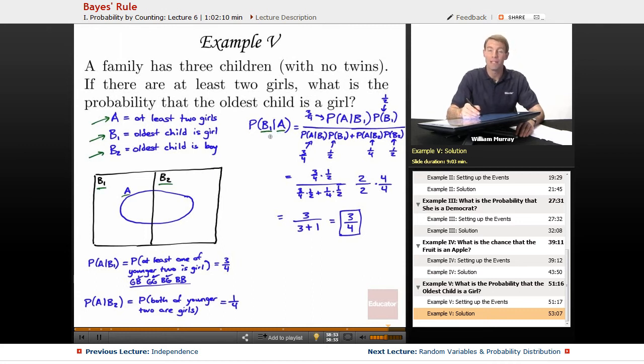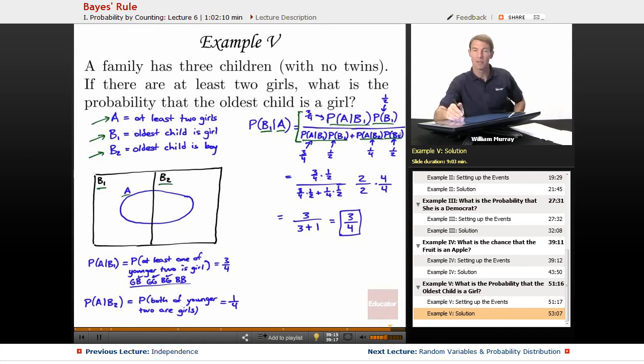So that's P of B1 given A. And then using my Bayes formula for 2 events, this is copied off the second slide of the lecture. You can go back and just look up this formula. That expands into A given B1 times B1, over A given B1 times B1, plus A given B2 times B2.